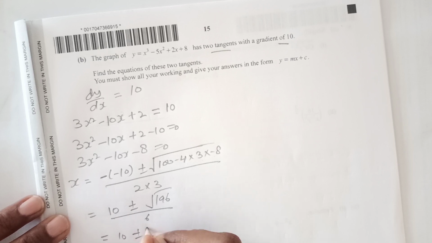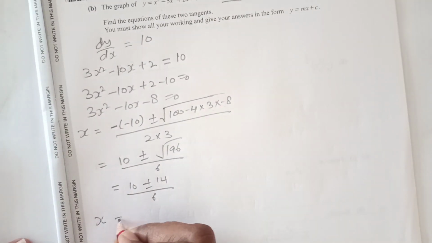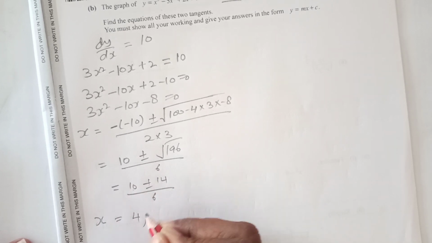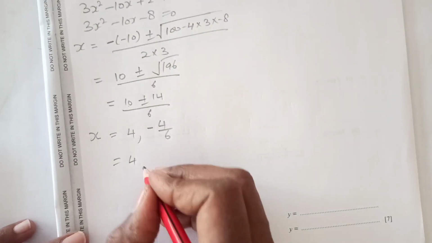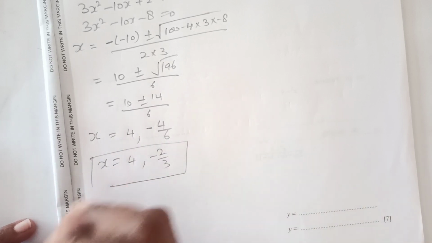So 10 plus or minus 14 over 6. So we got the values of x from here. 10 plus 14, 24 divided by 6 is 4, and the other one is negative 4 over 6. So that is 4 and minus 2 over 3. These are the values of x, right?